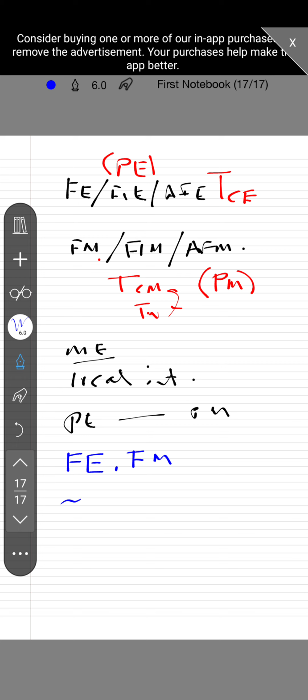It implies that the material has a ferroelastic property as well.